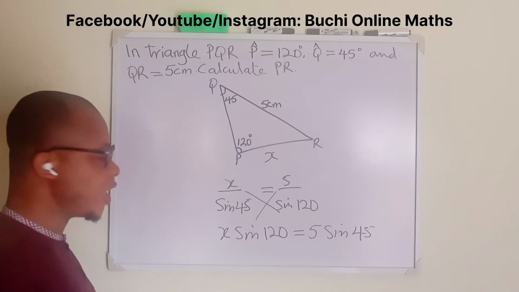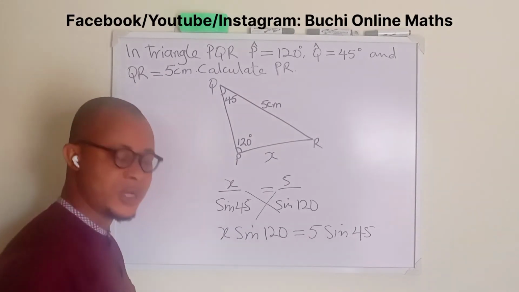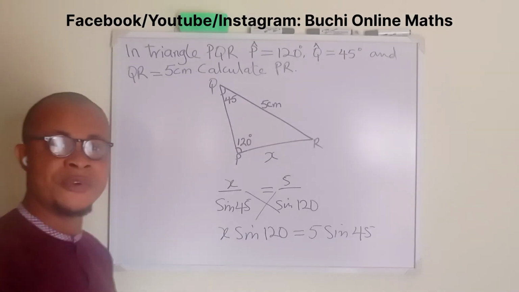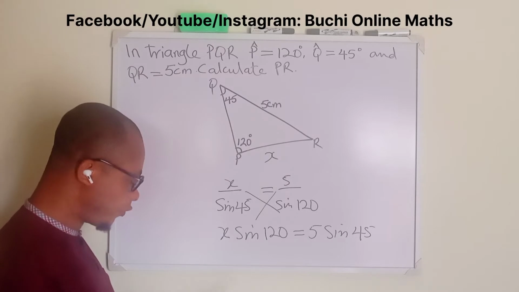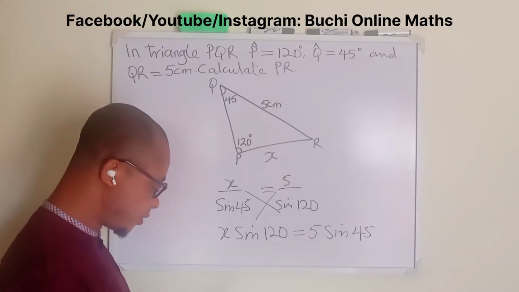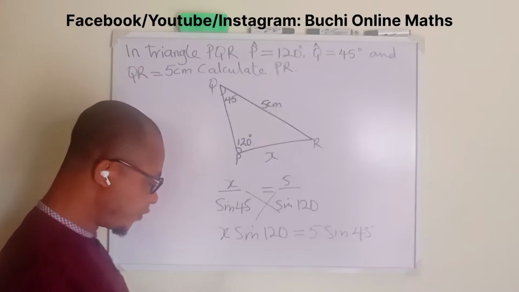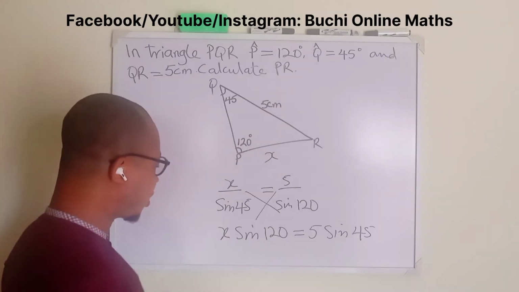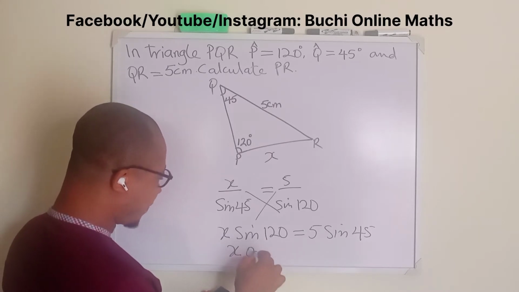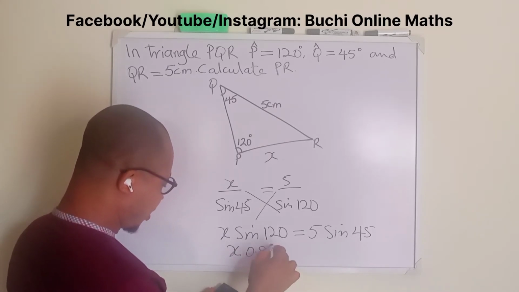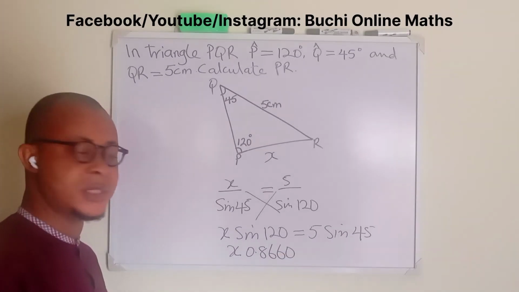Now let's find sine 120 as well as sine 45 using your 4-figure table or calculator. Sine 120 degrees will give us 0.8660, that's to 4 decimal places.